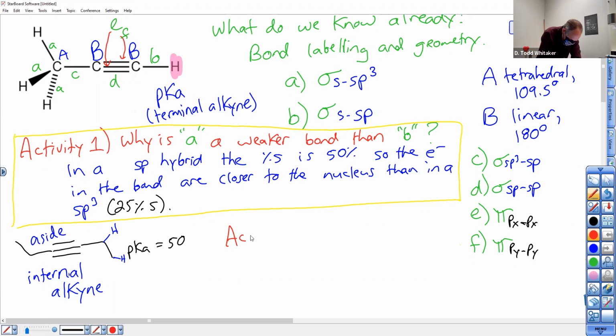Activity 2. So terminal pKa of 25. Terminal has pKa of 25. Oh, I didn't write the pKa. Look at that. 25, thank you. Name both alkynes on this page.